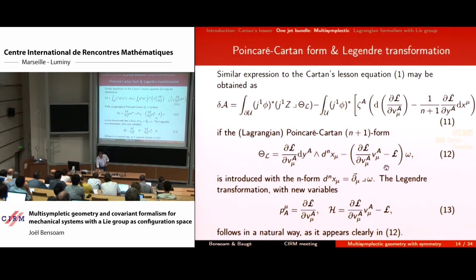the Hamiltonian version of it. Frédéric, it's not a function. It's also a form, like the Lagrangian density. Well, it's a density in here. Okay, so it's a function.